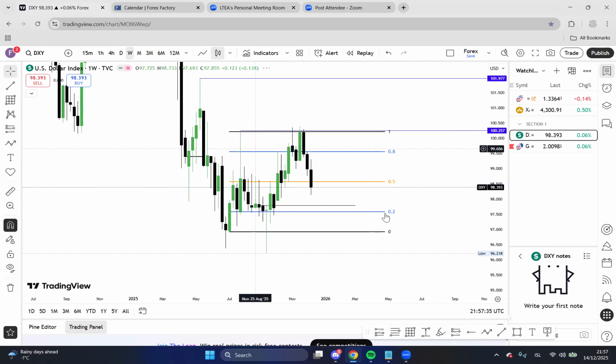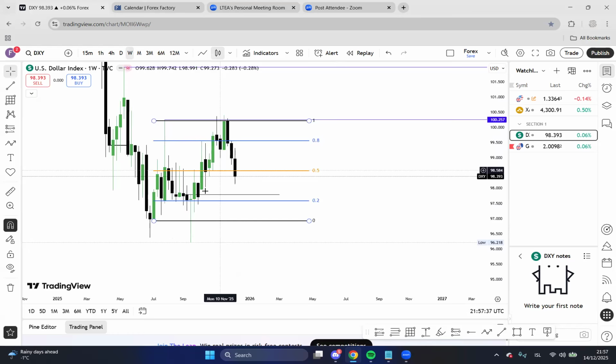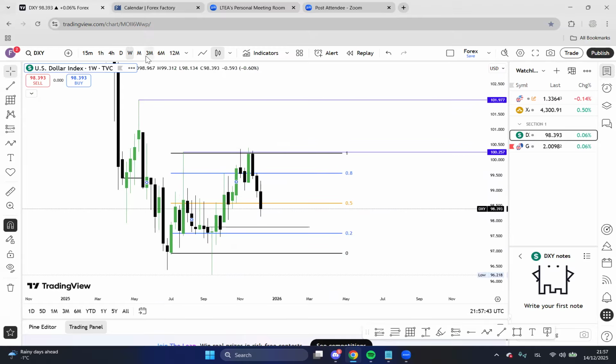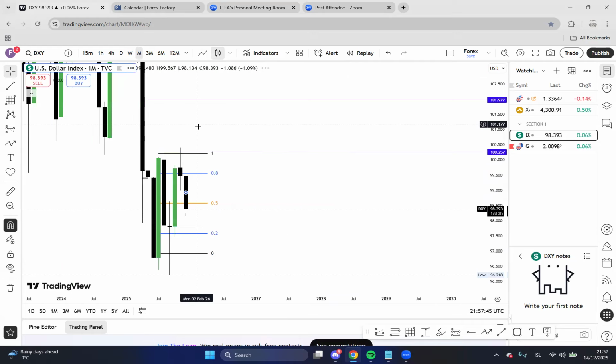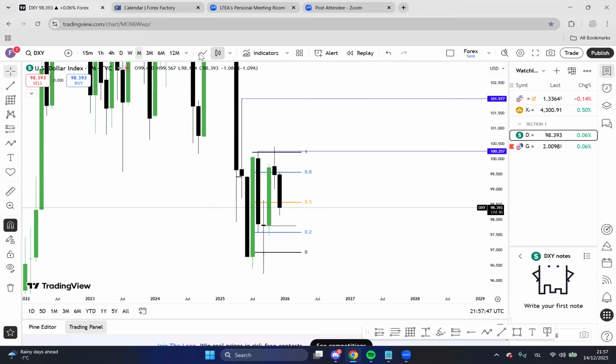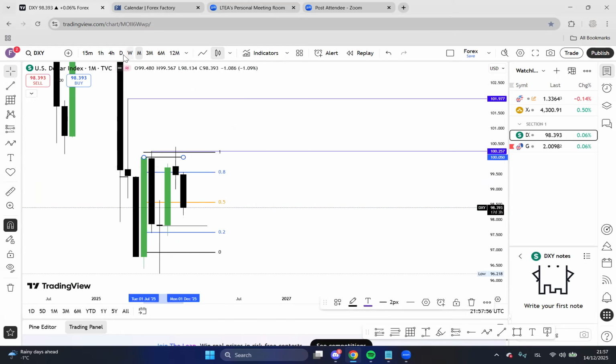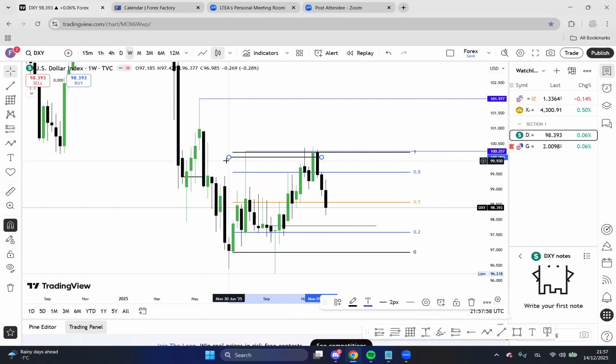Now, we are in discount, but this is a level that price can react off. Now, when price came to our premium from this level perspective, you can do like this. Doesn't matter. When price came like this, from this weekly perspective, then we have all of this anyway.